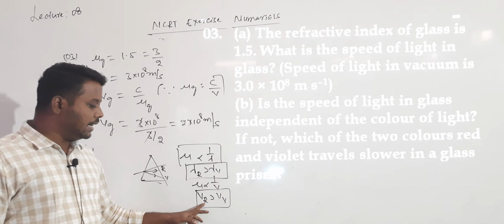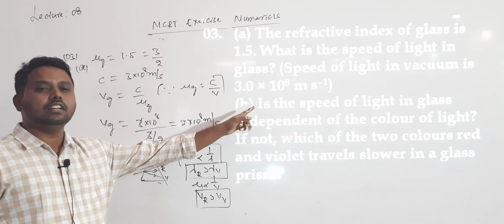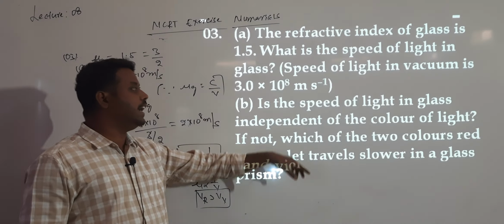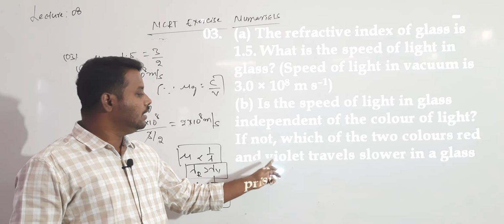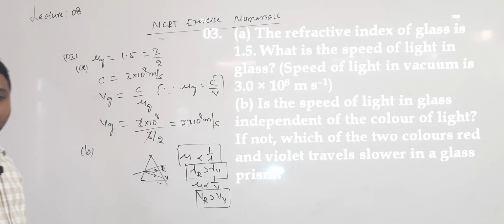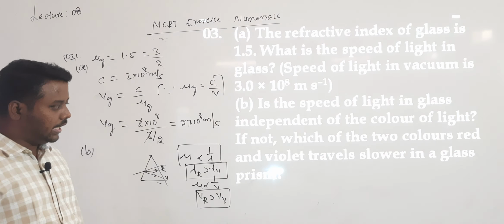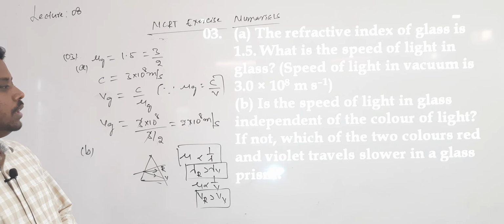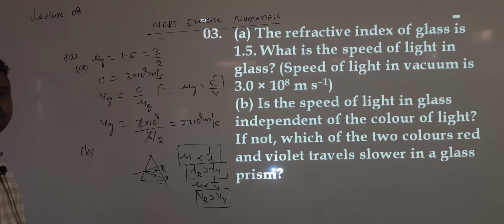So red color will travel faster than violet color. What is the answer? The speed of light depends upon the color. And as per this given question, in a glass prism, red color light will travel faster than violet color. Violet only, na, they gave two colors, violet and red. Question understood? So this is the third question.